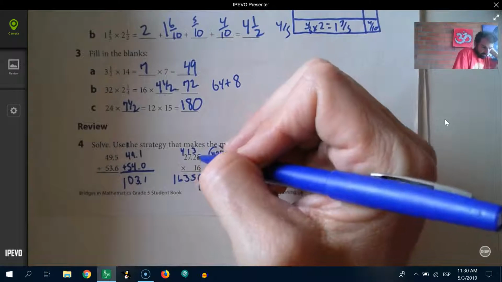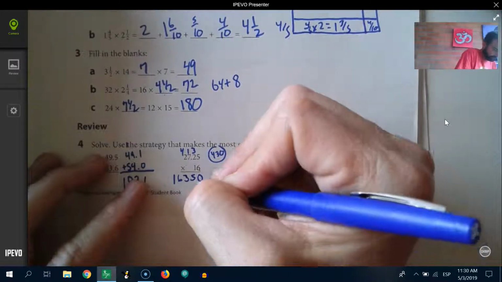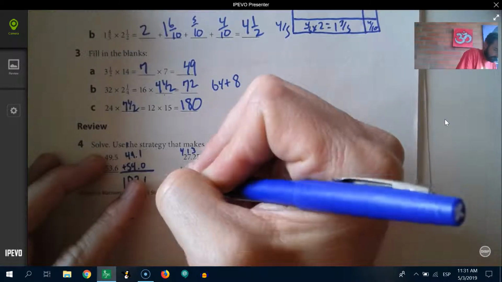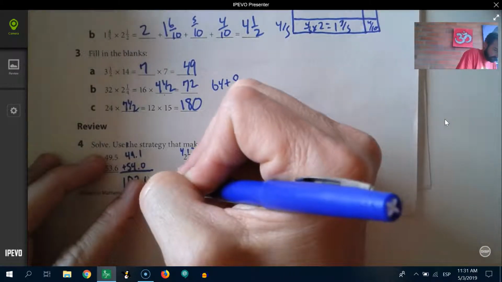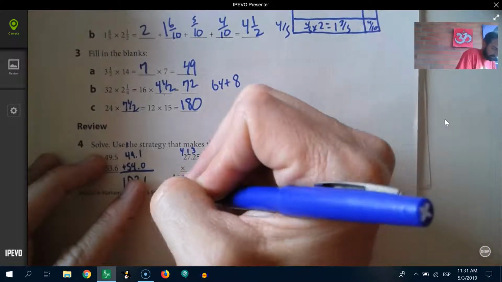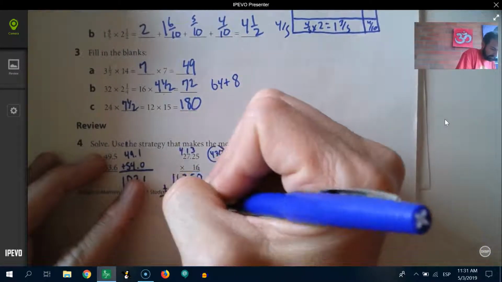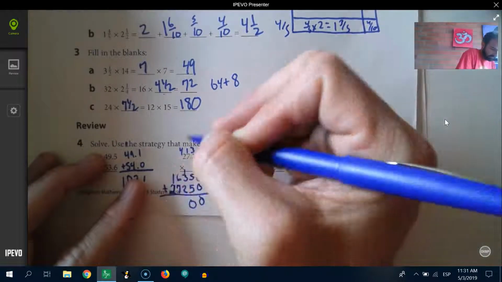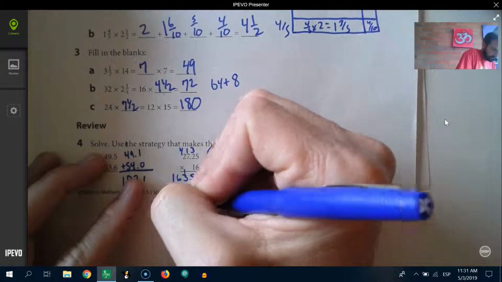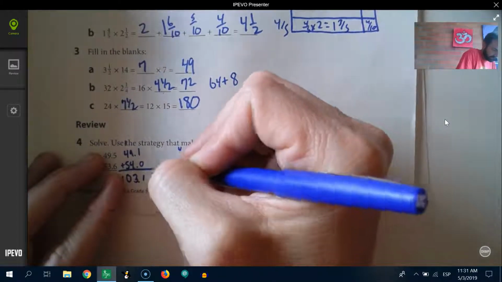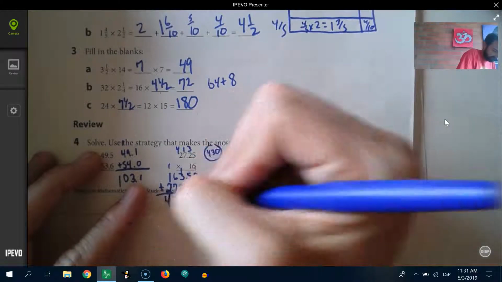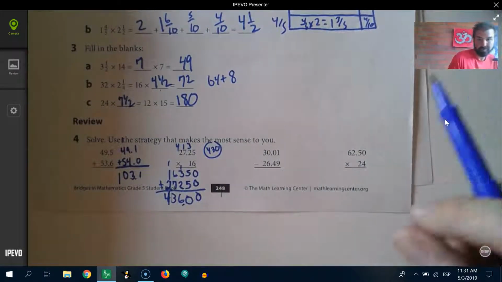See here, I guess it just doesn't matter. 2, 5, 2, 7, 2. 0, 0, 4, 6, 13, 436. So that was right around my estimate. That was a pretty good estimate.